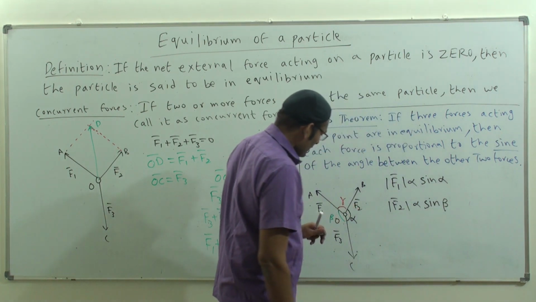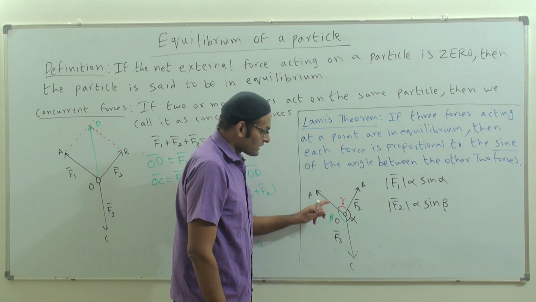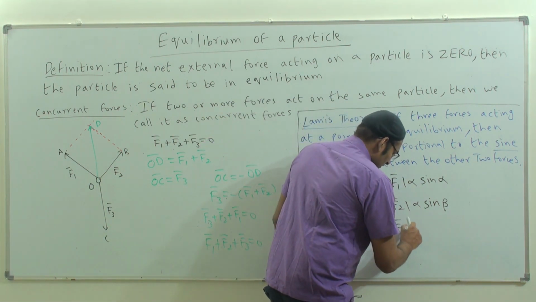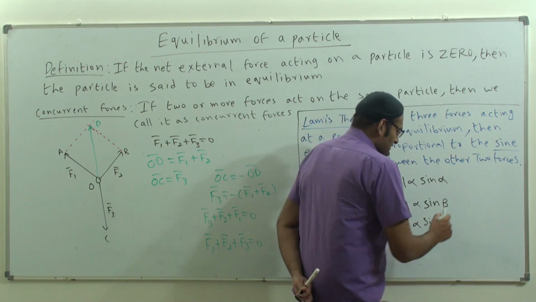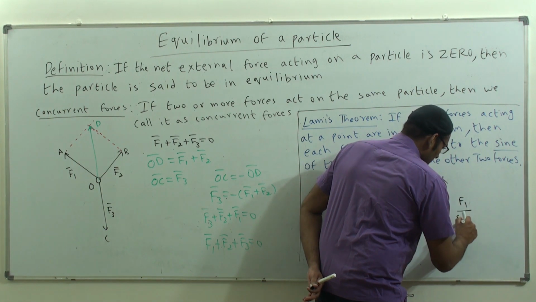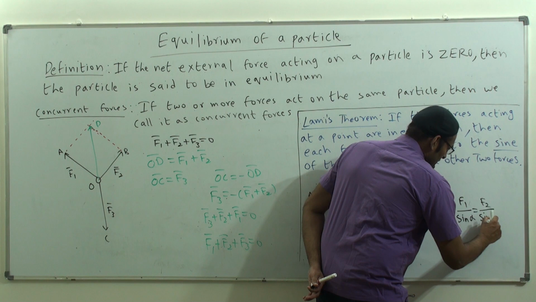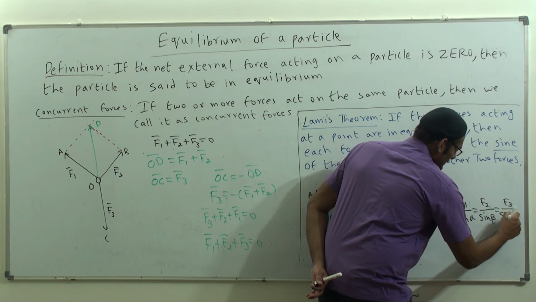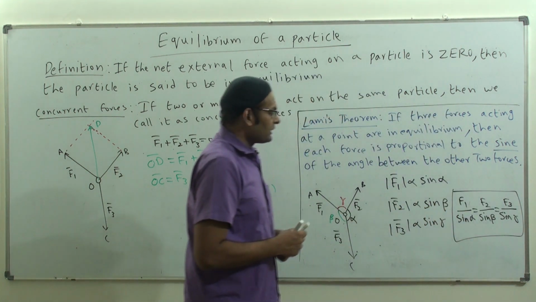Then F3 is proportional to the sine of the angle between the other two forces, F1 and F2, sine gamma. So this can be written as F1 by sine alpha is equal to F2 by sine beta is equal to F3 by sine gamma. This is Lami's theorem. Now we'll go to the next concept.